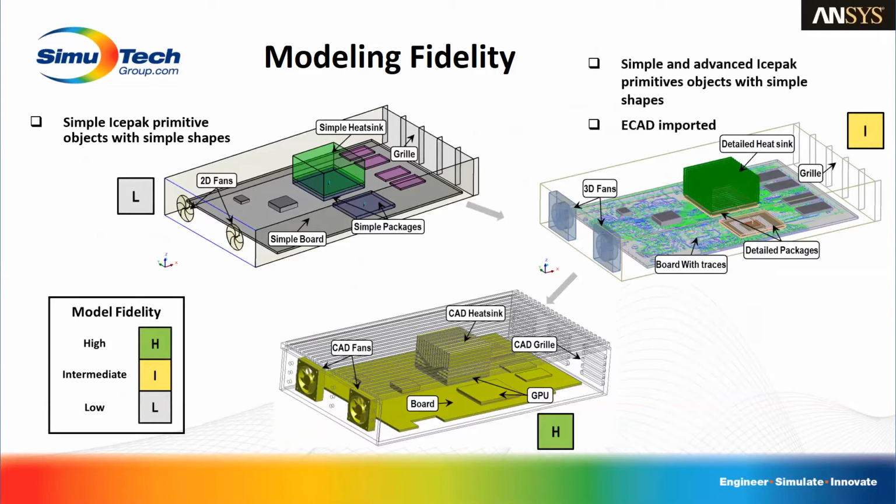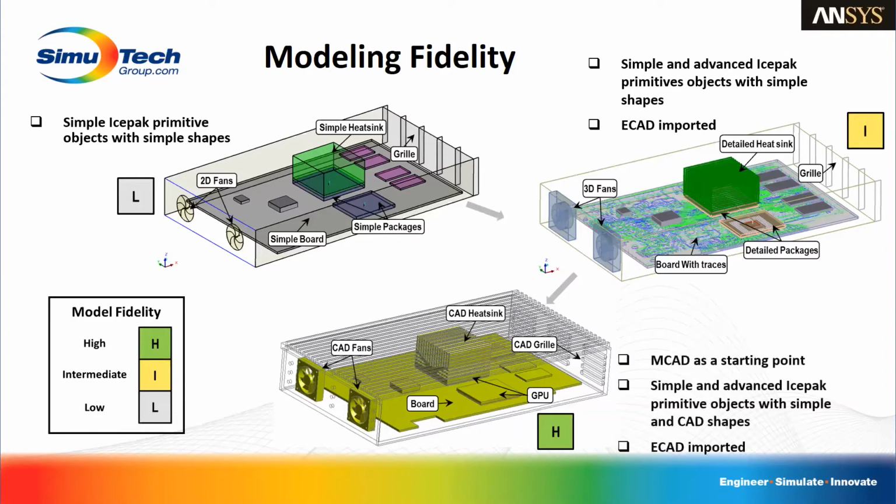The intermediate fidelity model now says, okay, we're still within Icepack, for example, but now we're using maybe some of the macros within Icepack to build a detailed heatsink. We're also bringing in the trace information for the existing board. Our fans have gone from 2D to 3D. So that's a higher level object, a more advanced object, but it's still all done within the Icepack interface.